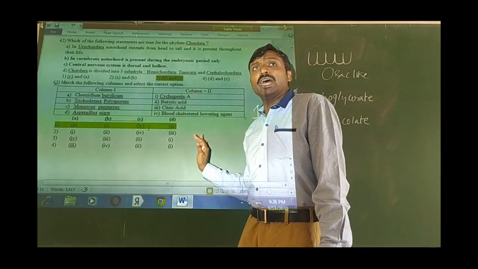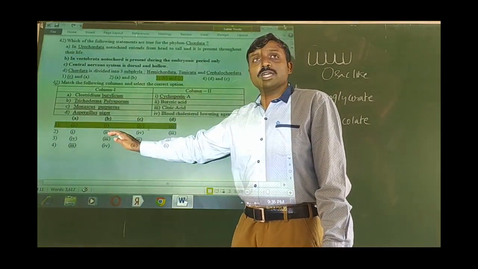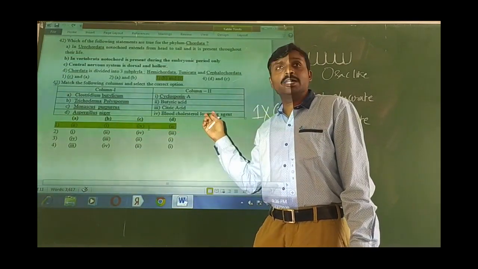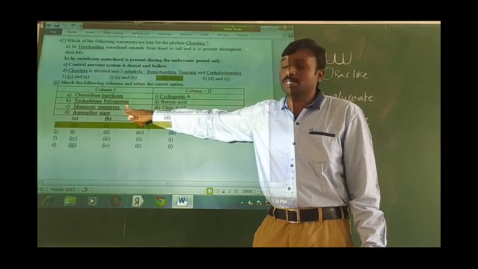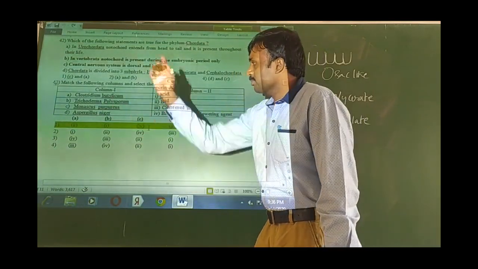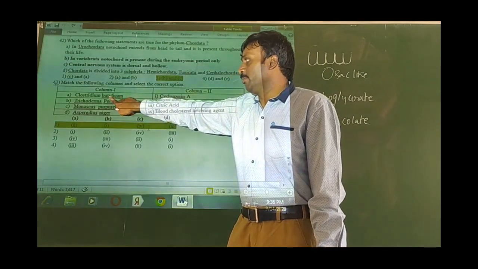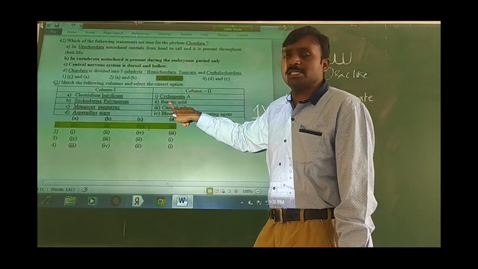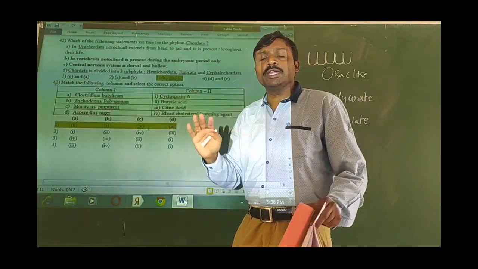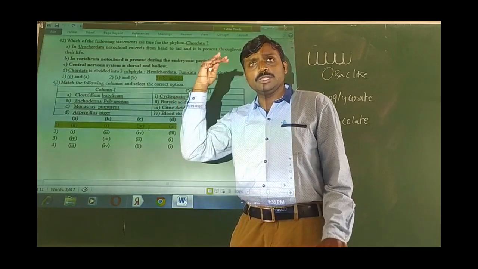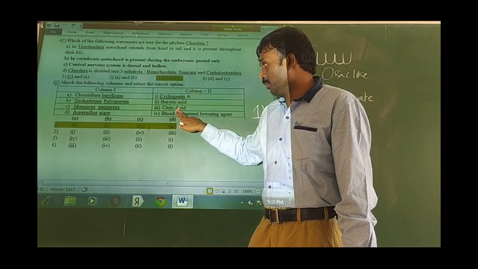This is from our microbes in human welfare chapter, second year syllabus. Okay. So on one column they have given different types of microbes, and on another column they have given the products which are synthesized by these microbes. Okay. So here also, if we have a minimum knowledge, Clostridium butylicum, butyric acid. So that's why we can easily remember the things for a longer time. So Clostridium butylicum, A to 2.